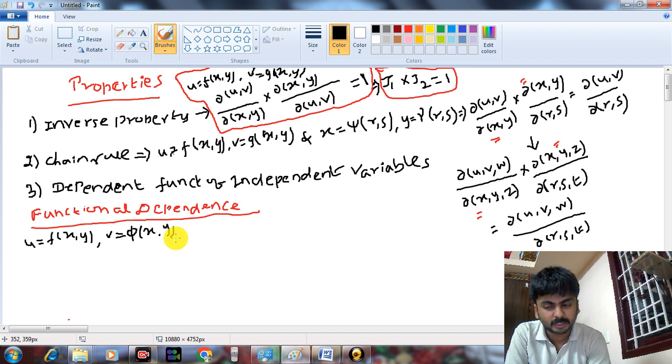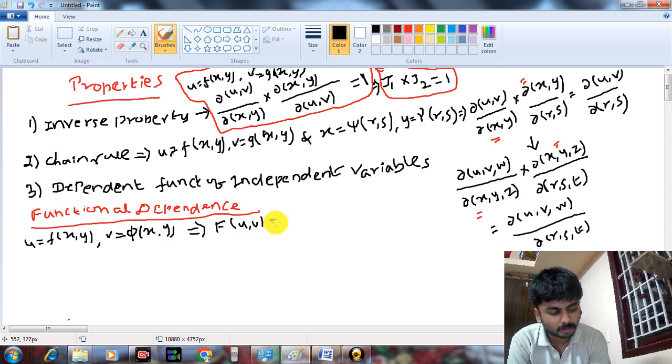and the relation should be of the form capital F of u comma v equal to 0, where this capital F is differentiable.